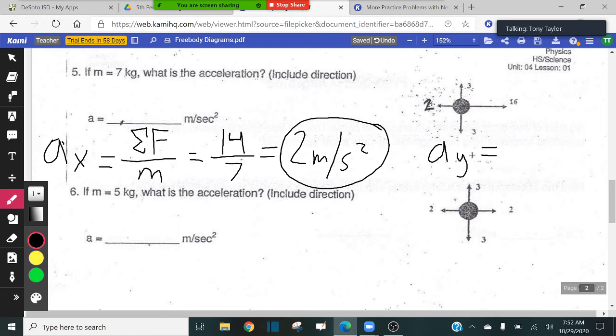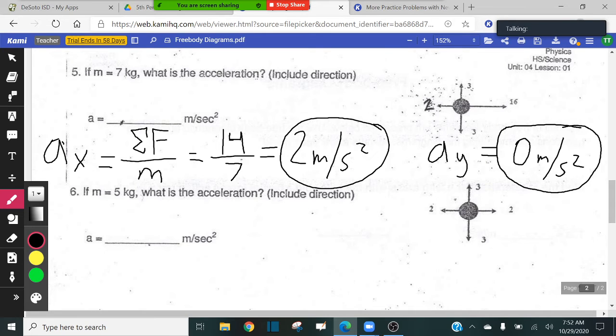So guys, remember, if we have 0 forces acting in the vertical direction, that clearly means we're going to have 0 acceleration. So my acceleration in the vertical direction is just 0 meters per second squared. So that is my vertical acceleration, or in other words, the acceleration in the y direction. All right, guys, any questions so far?